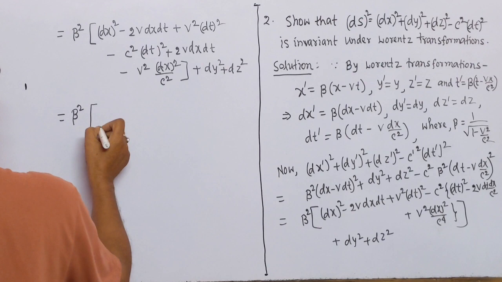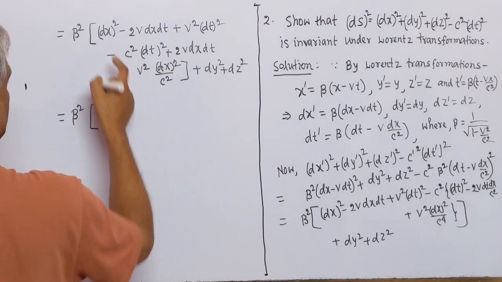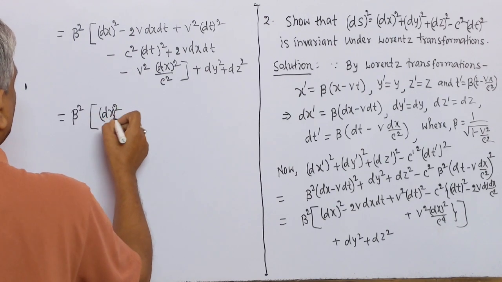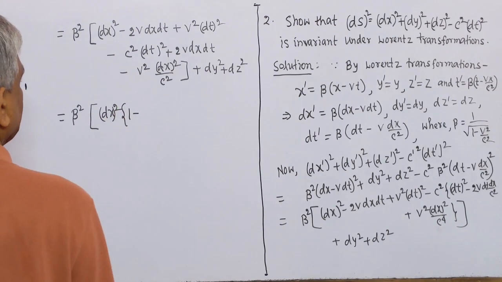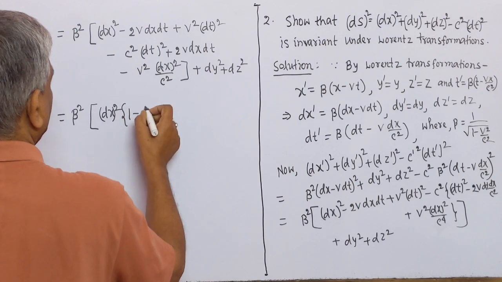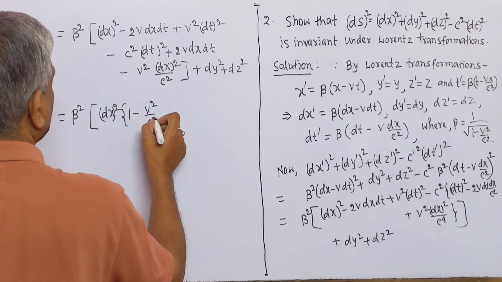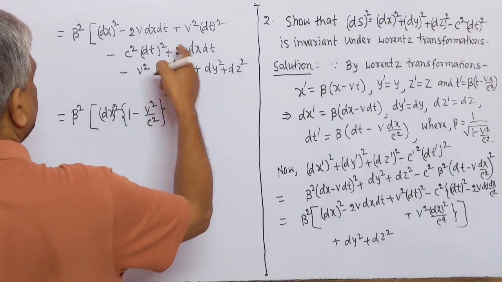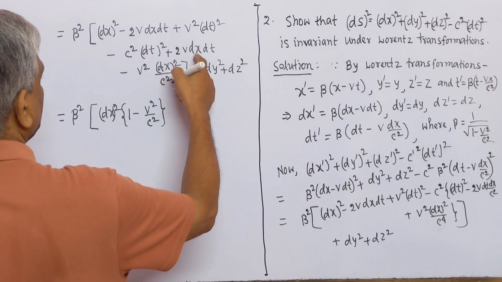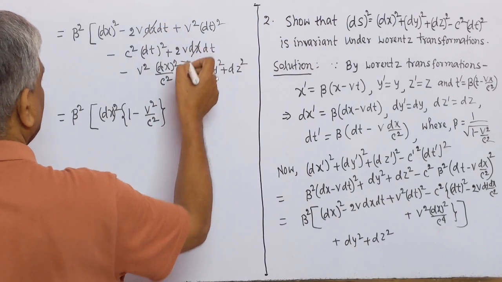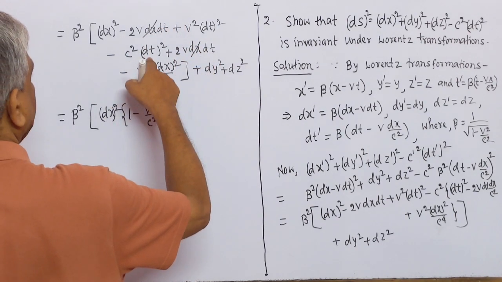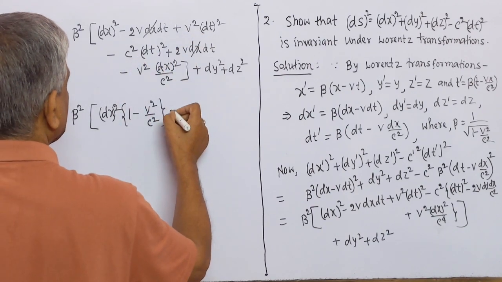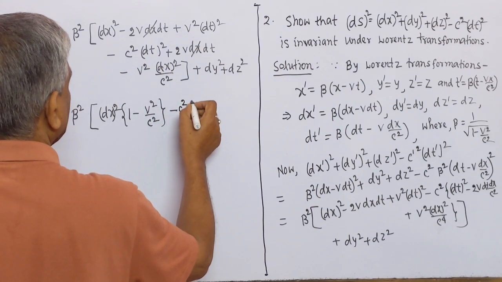square, here we take common dx square times 1 minus v square by c square, here minus 2v dx dt, here plus 2v dx dt cancel, here minus c square dt square, here v square dt square, we take common minus c square dt square.